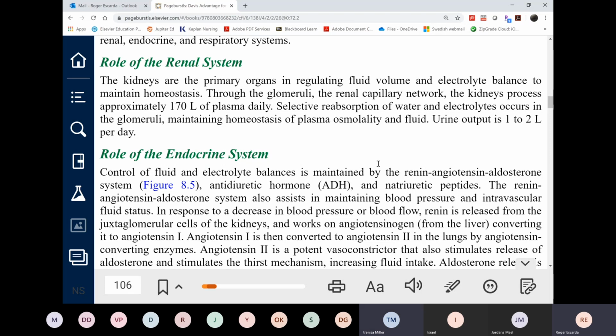So they sense the pressure, any changes in pressure, in the concentration of the blood and the amount of electrolytes that pass through the kidneys, and by so doing they can make adjustments. They can choose either to increase urine output or decrease urine output. Okay, as simple as that.